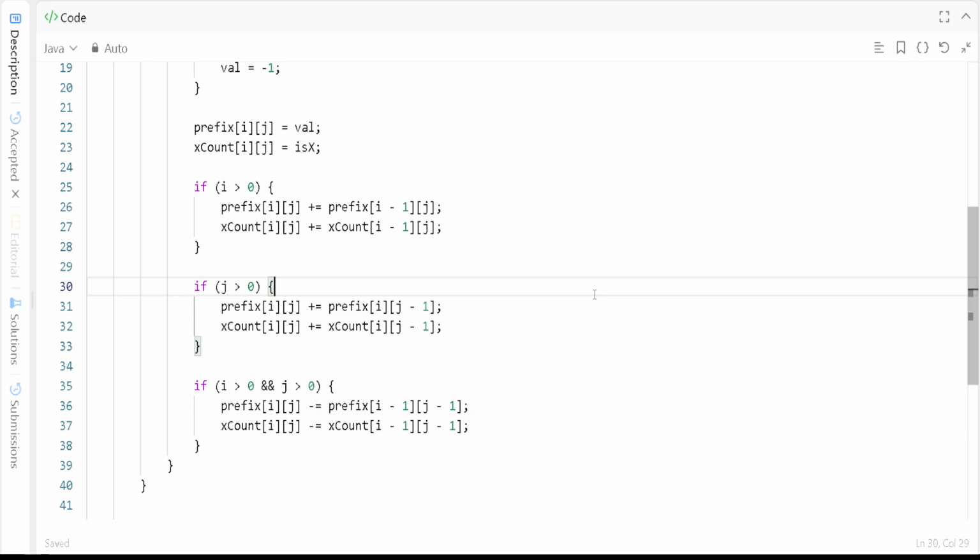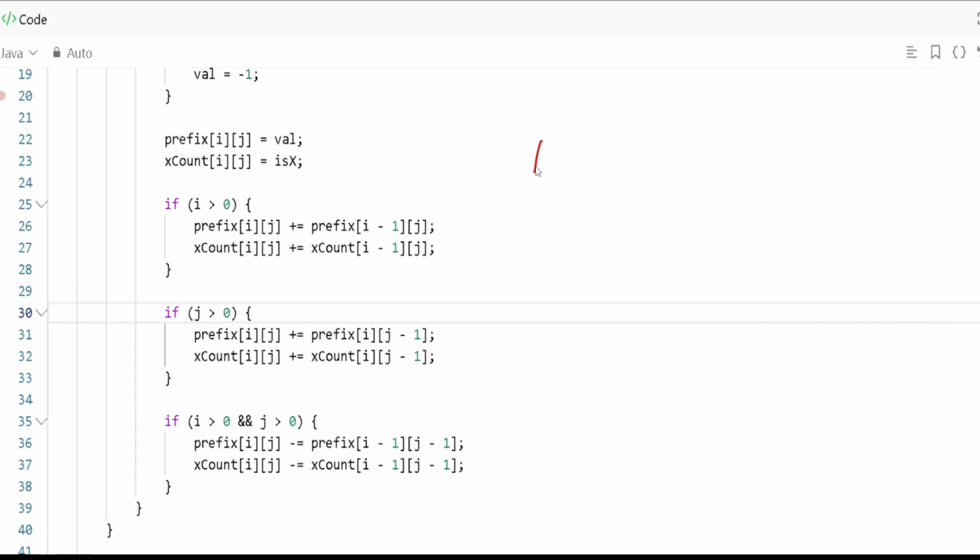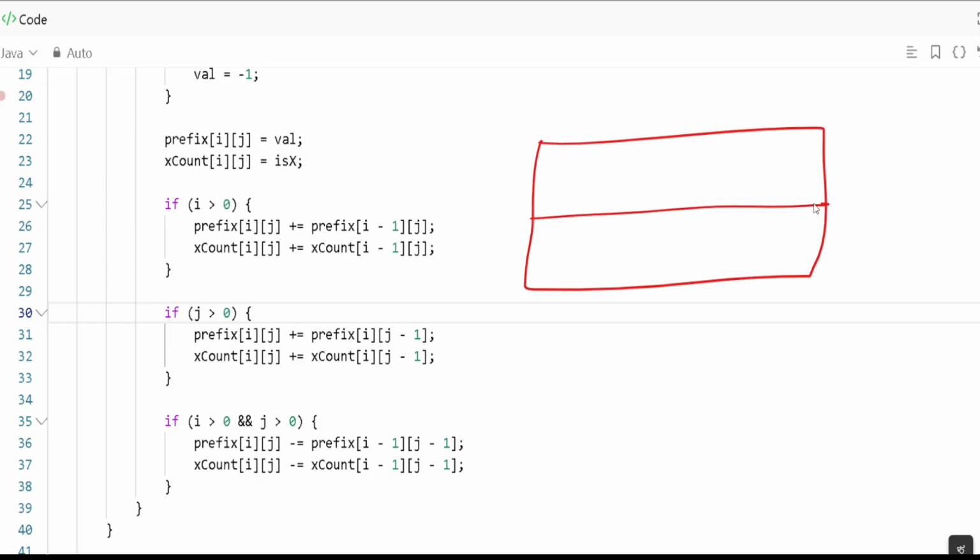Let me show how to draw this. Let's think that we are given these cells, right? If we convert into these four directions, we'll say like this: this is your top, this is your left, and this is your current.